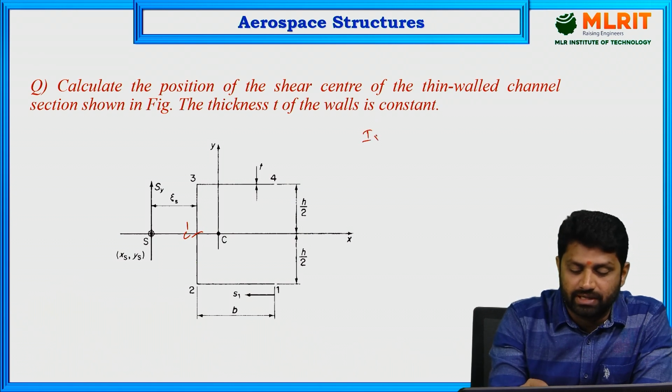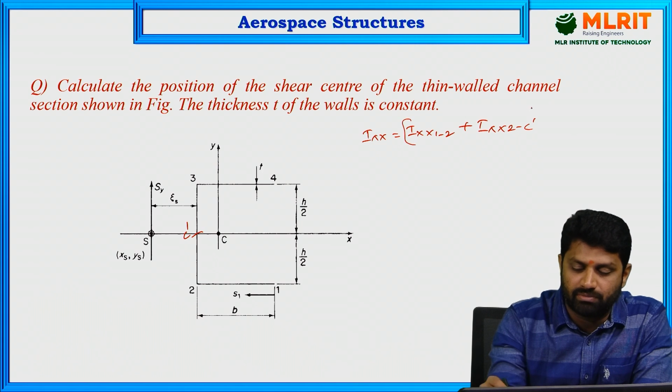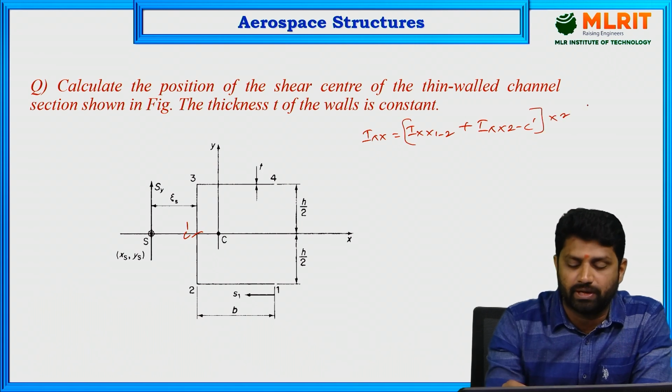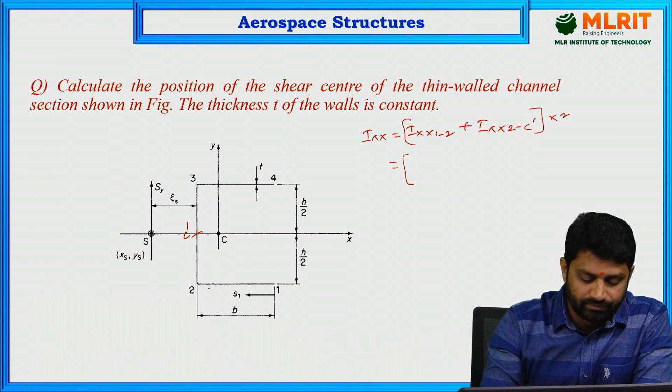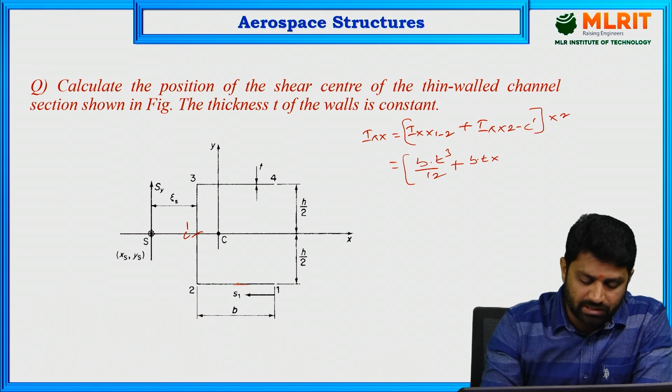So Ixx equals Ixx for 1, 2 plus Ixx for 2, C dash, multiplied by 2. For the first one, Ixx is b d cube by 12, where b is b only and depth is the thickness, that is t cube by 12, plus area, which is b into t, times y bar squared. The center of this one is here, and the center of the total figure is here. This is the distance y bar, that is h by 2.